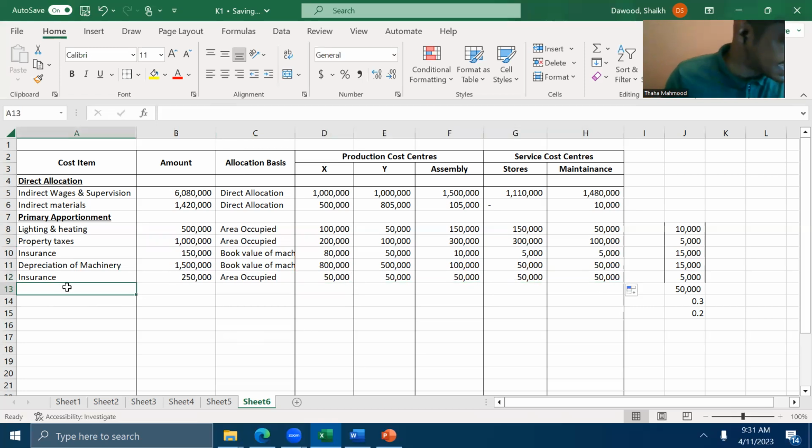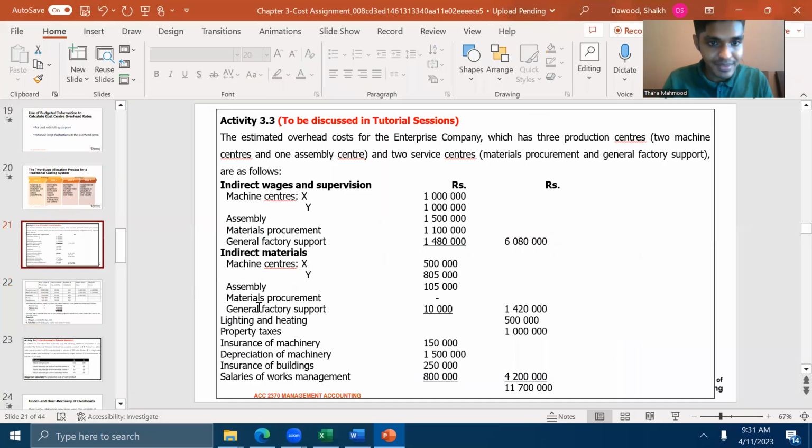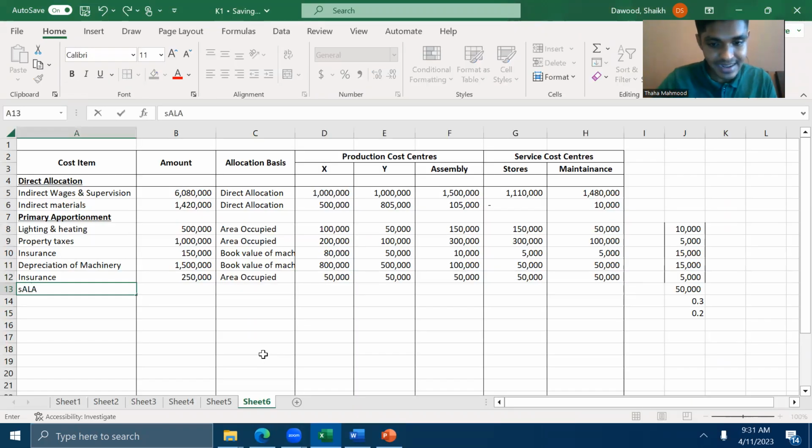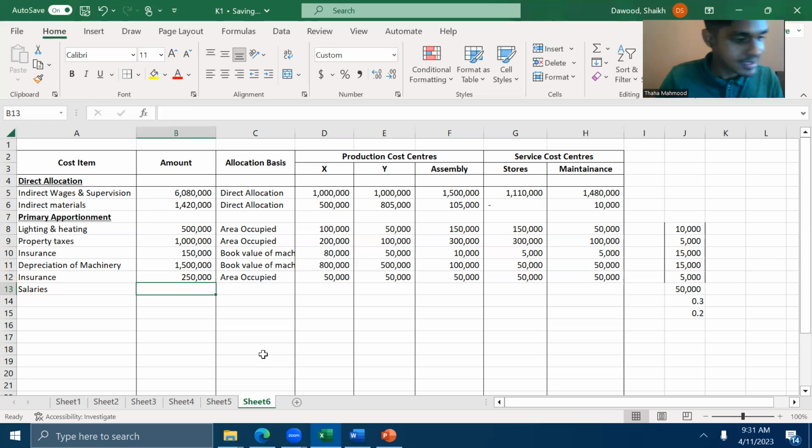Then the next one is salaries of works management. Salaries are 800,000.